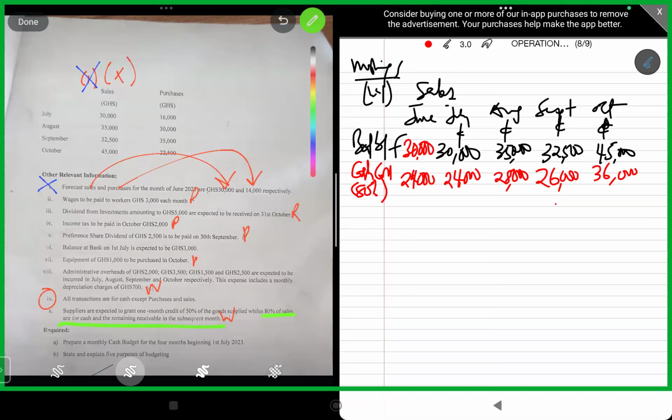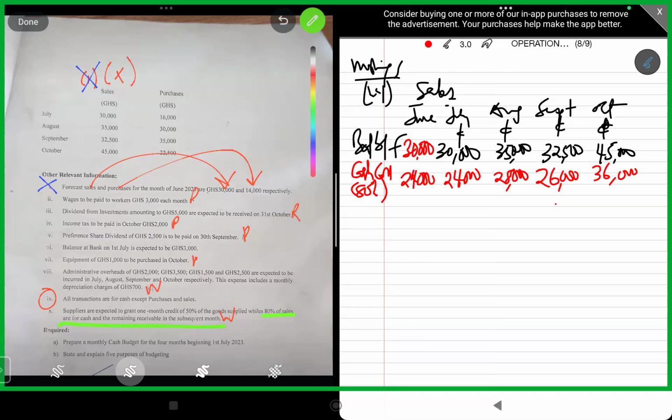So how do you understand it? 80% of the sales will be recorded in cash, and then the remaining receivables will go to the other month. So in June, how do you treat June?